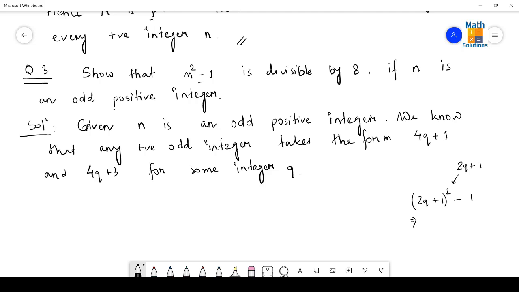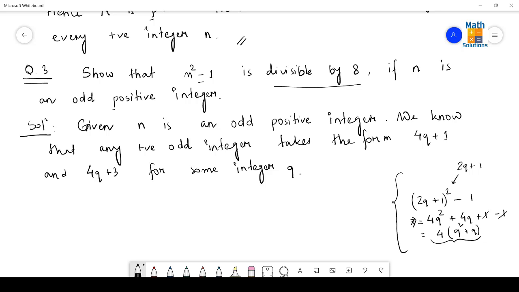Let us break it. 4q square plus 4q plus 1 minus 1. 1 minus 1 got cancelled. 4 comes as the common term. So we cannot show here that this number is a multiple of 8, which does not allow us to show that this quantity is divisible by 8. That is why this is discarded. We are taking 4 and not 2.